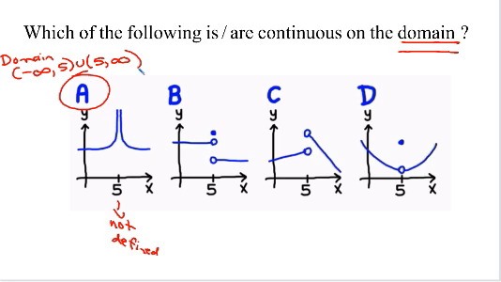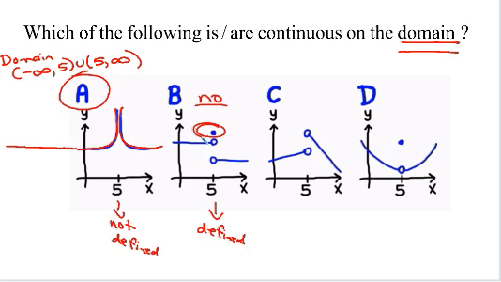Well, everywhere that it exists, it's continuous. Look at this. Everywhere that this thing exists, it is continuous. So letter A is one of our choices. Now letter B would be a no, because it is defined at 5, but it's defined at this screwy little point up here.